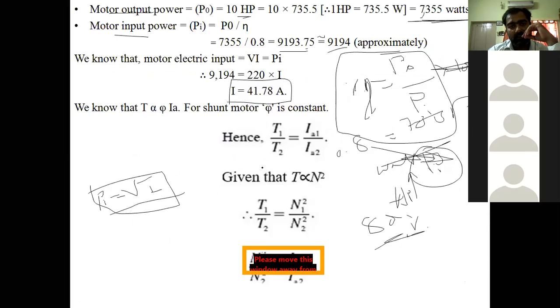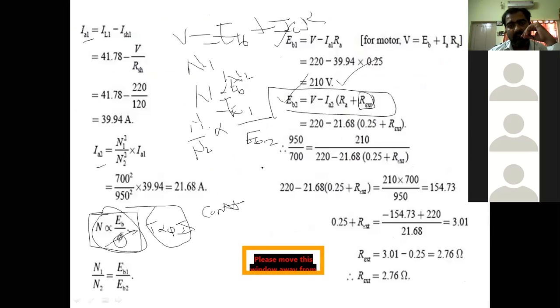But here, he has asked to calculate the external resistance to be inserted in the armature to reduce the speed from 950 to 700 rpm. That's why we add some external resistance, R external, which is to be calculated.